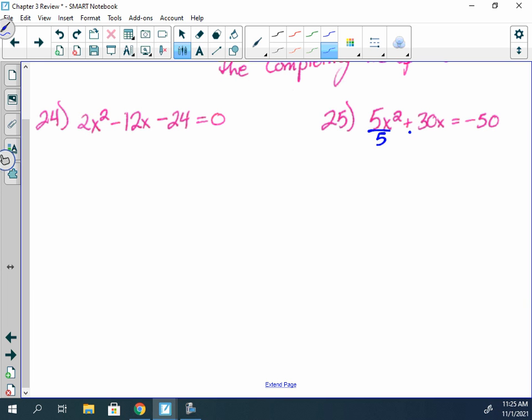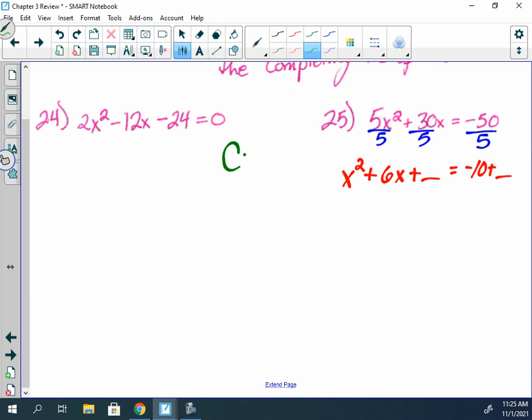So we need to divide everything by 5. Because when we divide everything by 5, 5x squared divided by 5 is x squared, 30 divided by 5 is 6, so plus 6x is equal to negative 10, plus blank. Now we can go on and add that because we need to find the value of c, and since the constant term is already by itself, we don't need to move anything.